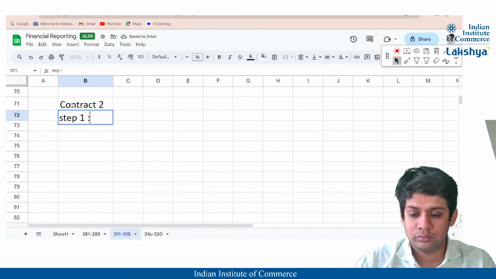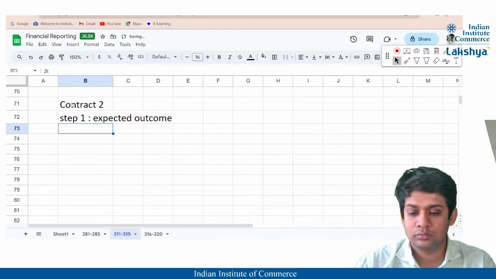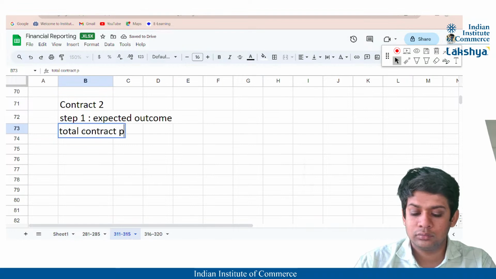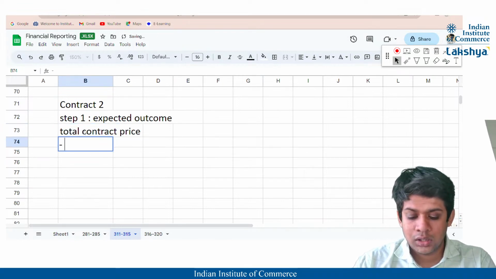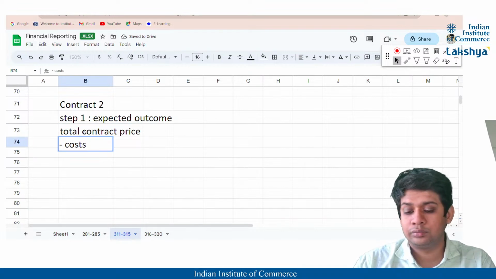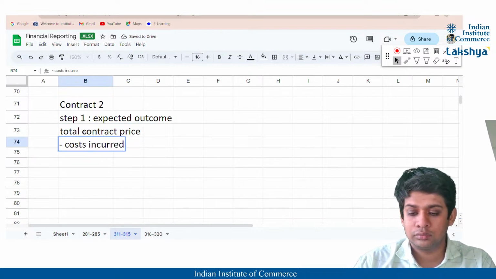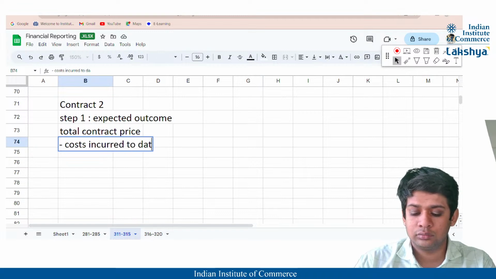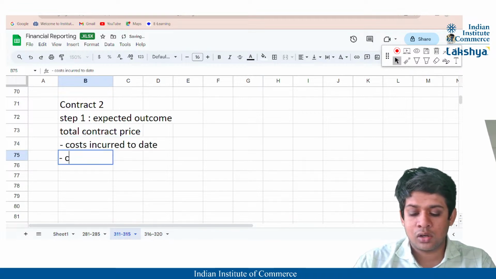Step 1, expected outcome. Right, so the total contract price less the costs incurred to date less costs to complete the project, right?